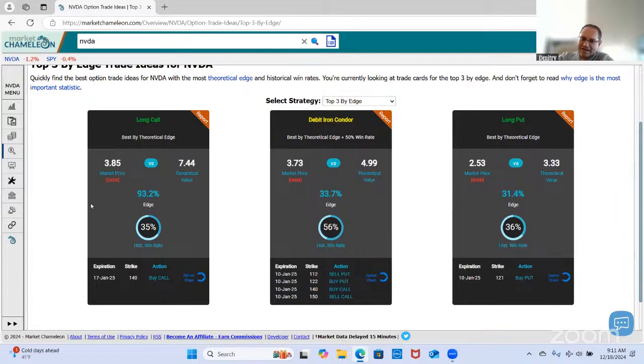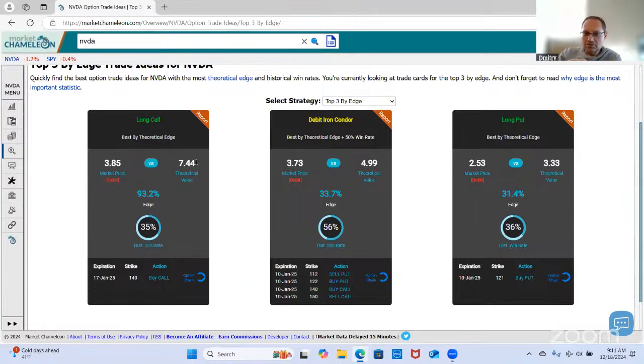So now that we have this data, and maybe this is something we want to explore further, we'll say, okay, this might be an interesting situation. I know I'm risking $3.85, but from the historical perspective, that could be on the low end of the range, and there's a pretty big cushion from the average value.